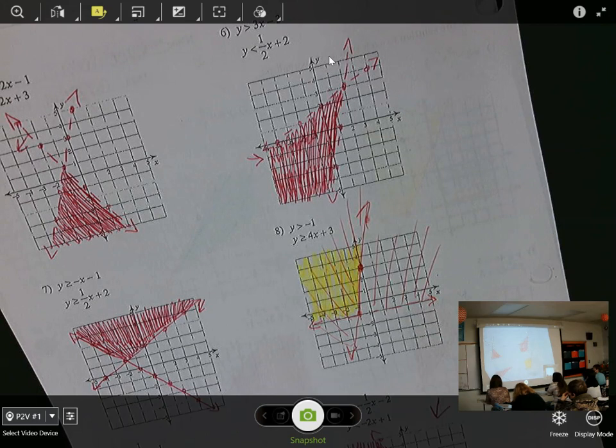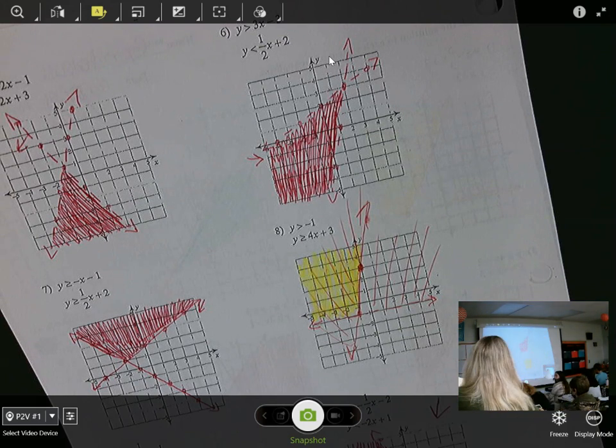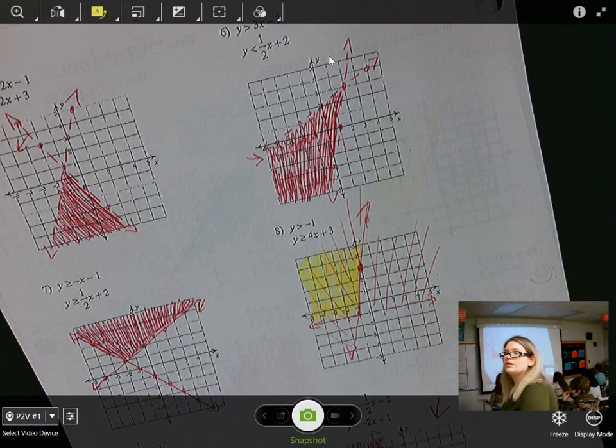All right, so hang on to that assignment. You should have all of your assignments plus your notes to help you. And then today you have an assignment. This is yesterday's.